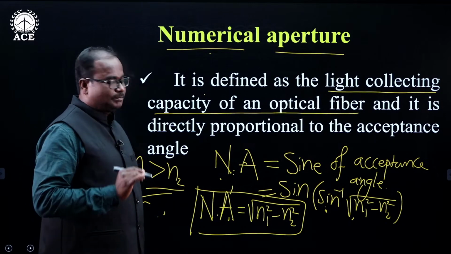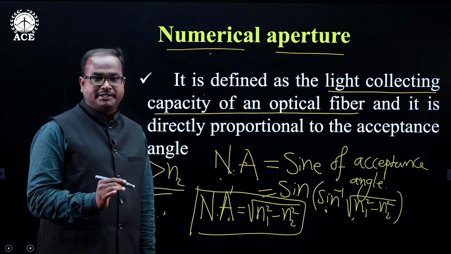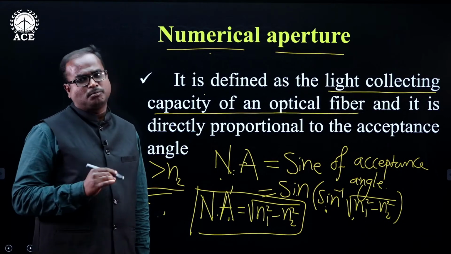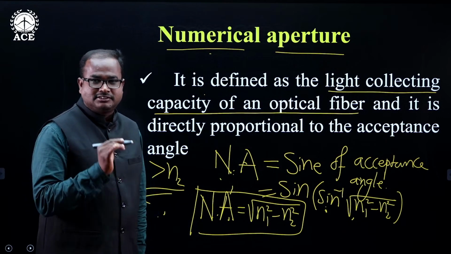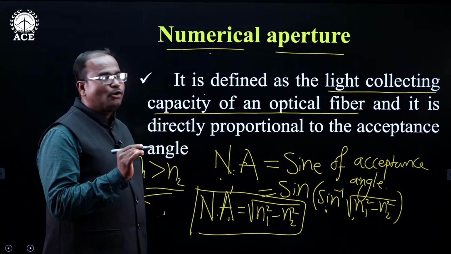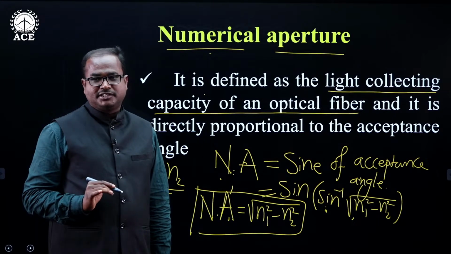So with these two expressions, acceptance angle and numerical aperture, regularly you will get some problems. Problems are very, very important. Let us try to solve some of the important problems related to numerical aperture and acceptance angle.